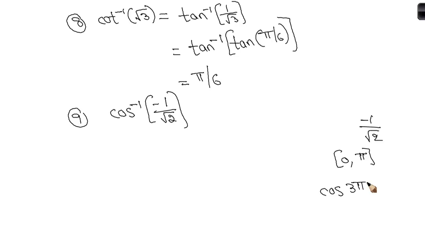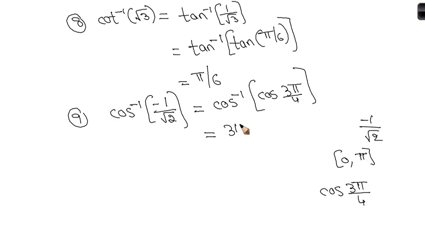For cos 3 pi by 4, this becomes minus 1 by root 2. That is equal to cos inverse of cos of 3 pi by 4. Cos inverse and cos will get cancelled, so that is equivalent to 3 pi by 4. So the answer is 3 pi by 4.